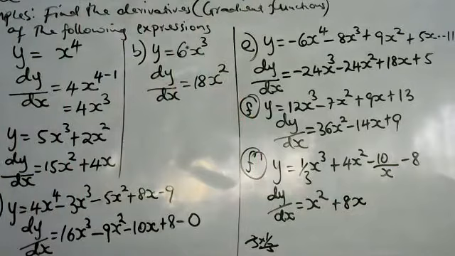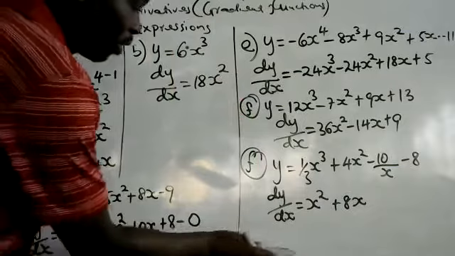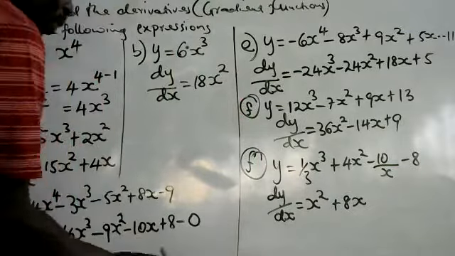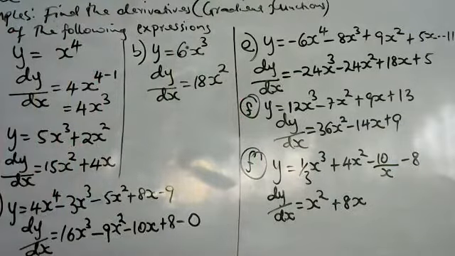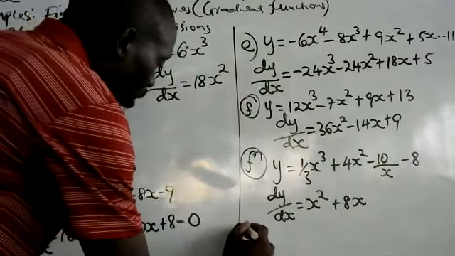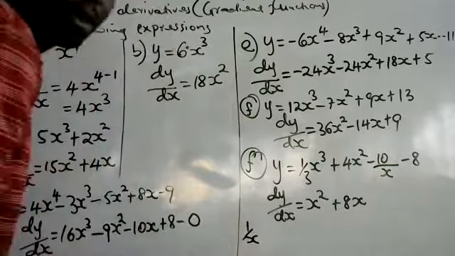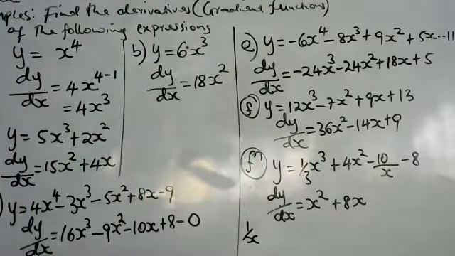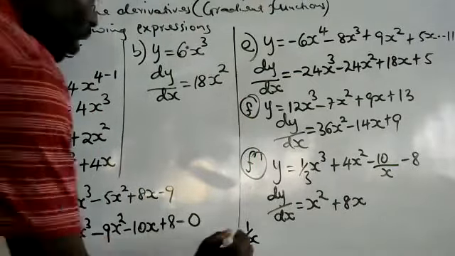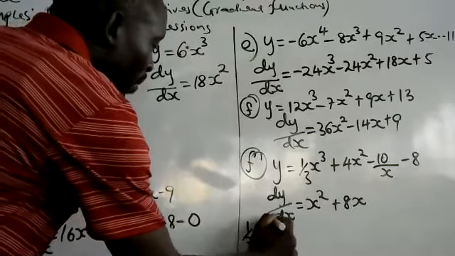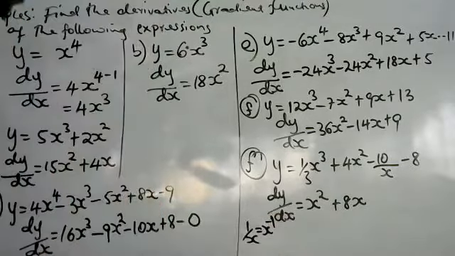Now, when we have it as 10 over x, there is a rule that I need to remind you. I know it has been time since you left high school for some of you, but when you have a number like 1 over x, you need to know that this is the same as x power negative 1.